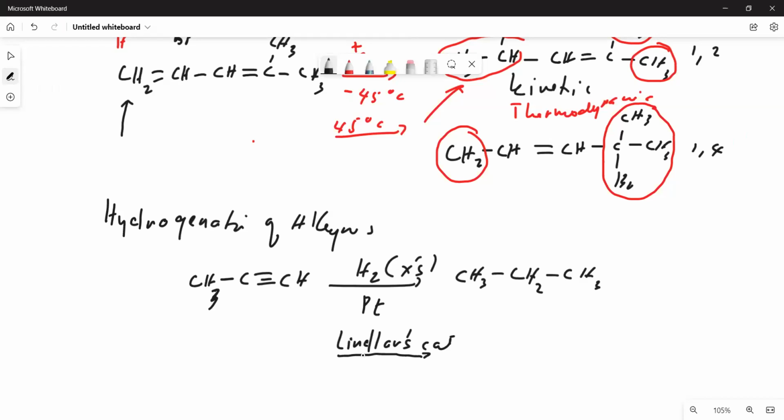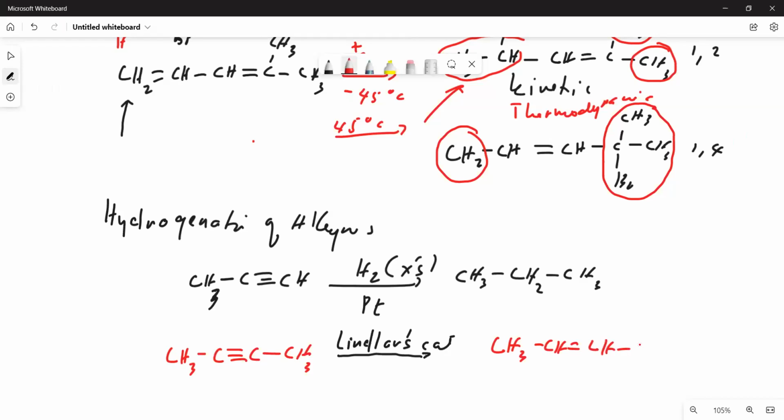And if you use Lindlar's catalyst, only 1 pi bond will react, meaning the alkene will not react. So let us say you have this alkyne, 2-butyne, only 1 pi bond reacts, so you will end up with an alkene.